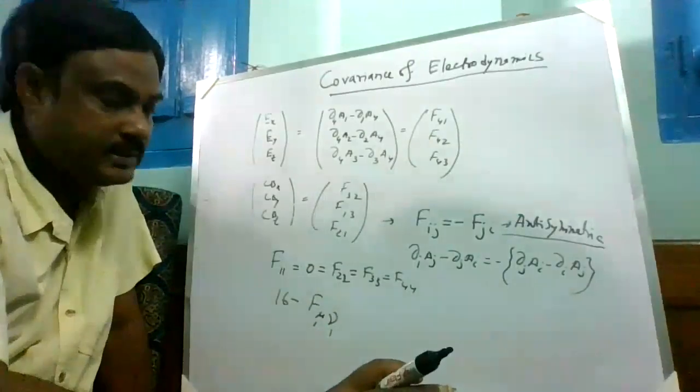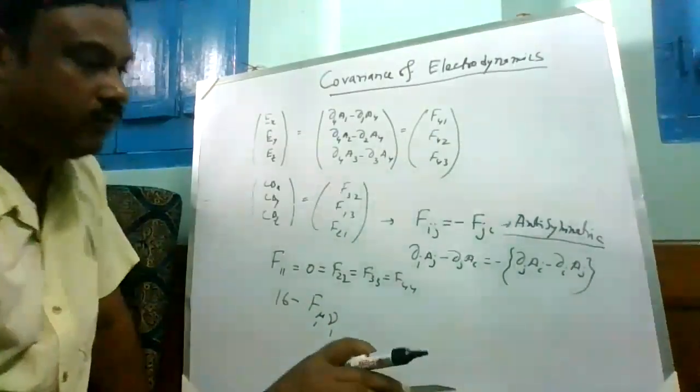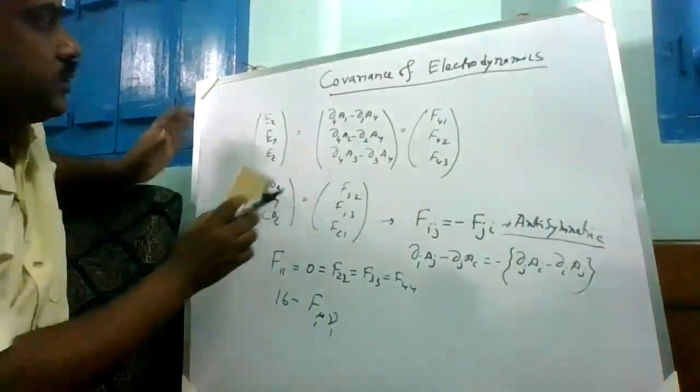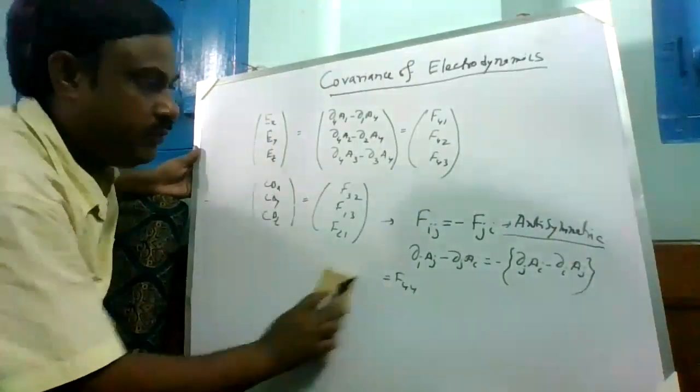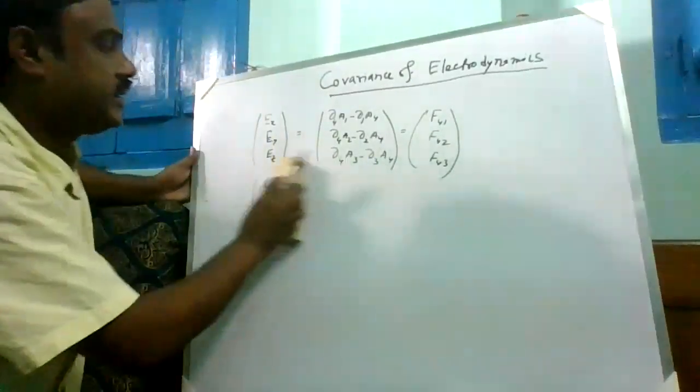So 16 terms are obtained. We can write the tensor in full form, which is called a covariant tensor of rank 2.